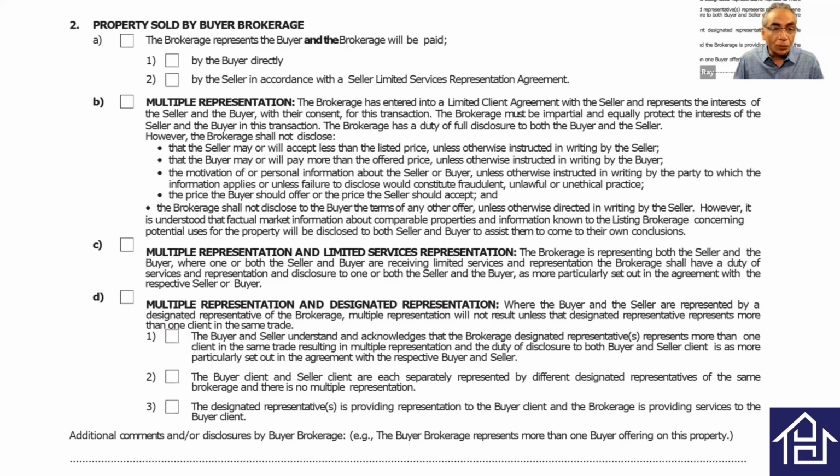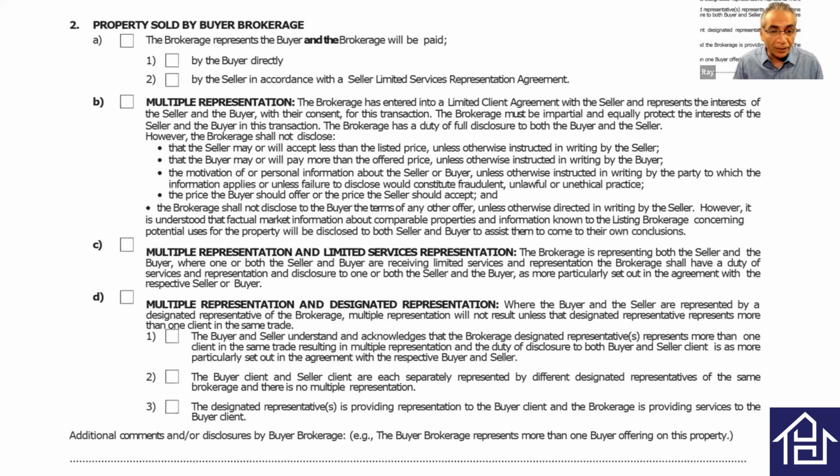And part D, once again, talks about designated representation, when the representation is only with the salesperson, not the brokerage. In this case, just like before, number 1 is when the salesperson is providing designated representation for both parties, buyer and seller, and it is actually a multiple representation situation.